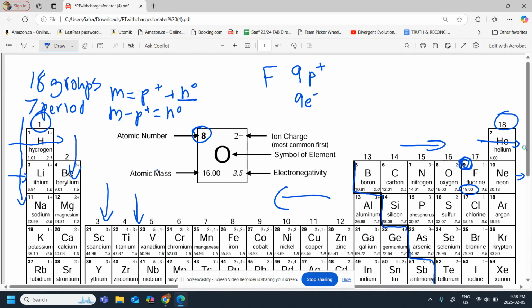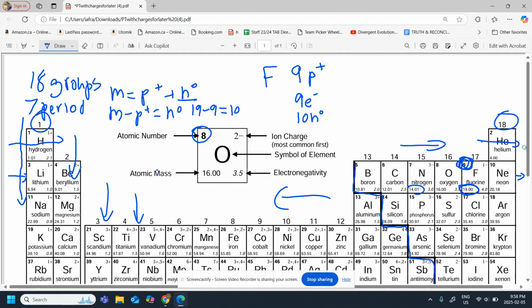That's your number of neutrons. Don't get confused by these equations. It just means take this big number here and then do minus the little number up here. So 19 minus 9. So we're doing 19, which is the mass, minus 9 gives you 10. So there are 10 neutrons in fluorine.